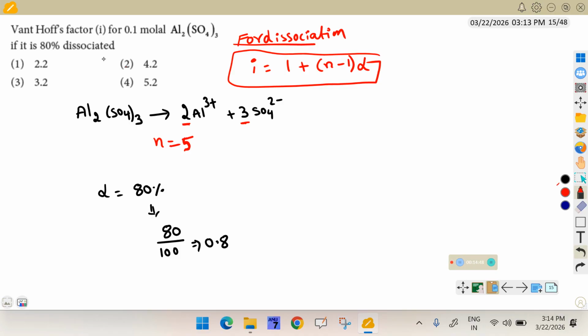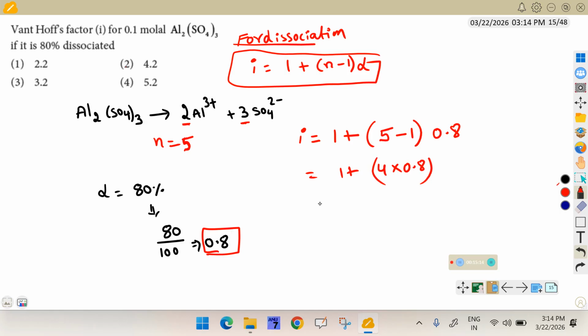And it is 80% dissociated, so the alpha value is given as 80%. 80% means 80 by 100, the value is 0.8. Now calculate the value of i. i is equal to 1 plus, 5 ions after dissociation, minus 1, into 0.8. 1 plus 4 into 0.8, 1 plus 3.2, that is equal to 4.2.